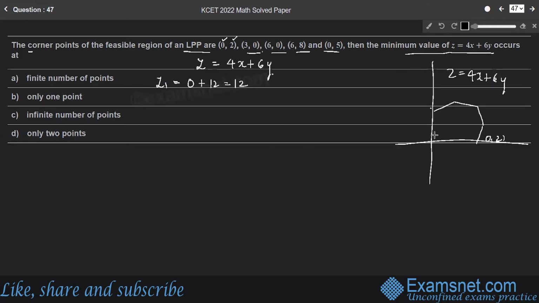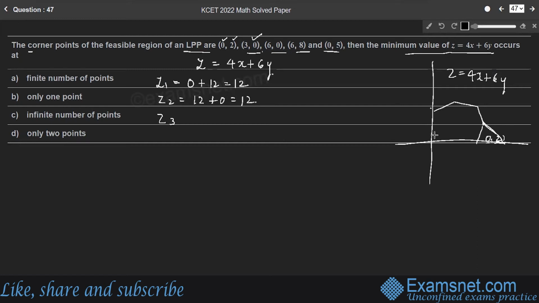Z1 becomes 12. So at 3, 0, Z2 becomes, at 3, 0 means somewhere here. So x is 3, y is 0, right? So Z2 becomes 4 into 3, which is 12, plus 0, again 12. At this point, Z is again 12.